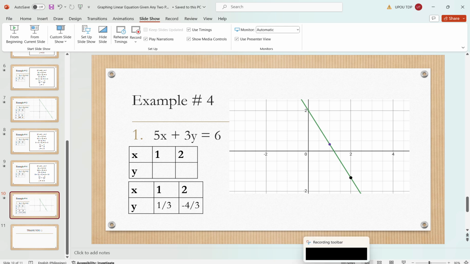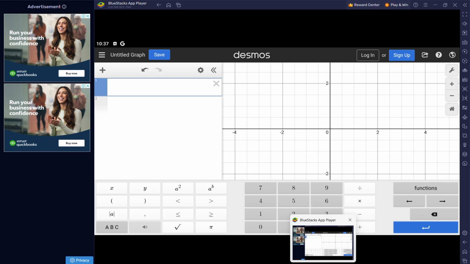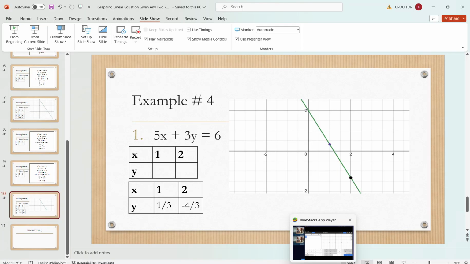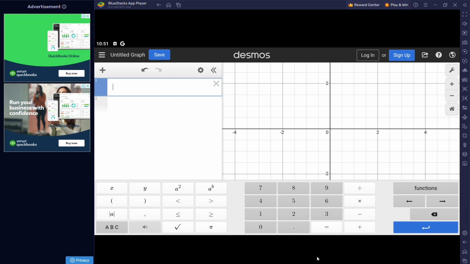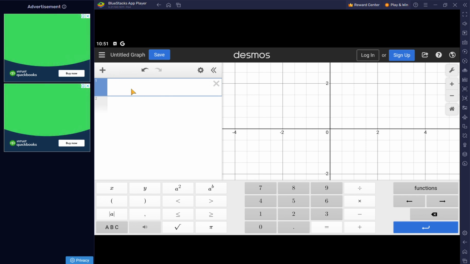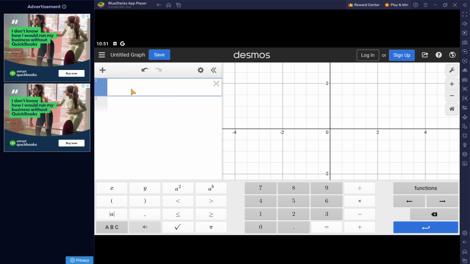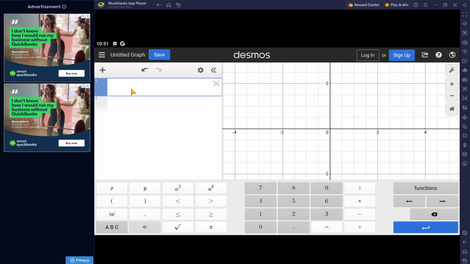Okay, in order for us to know if our answer is correct, let us try the first example. What are our coordinates again?